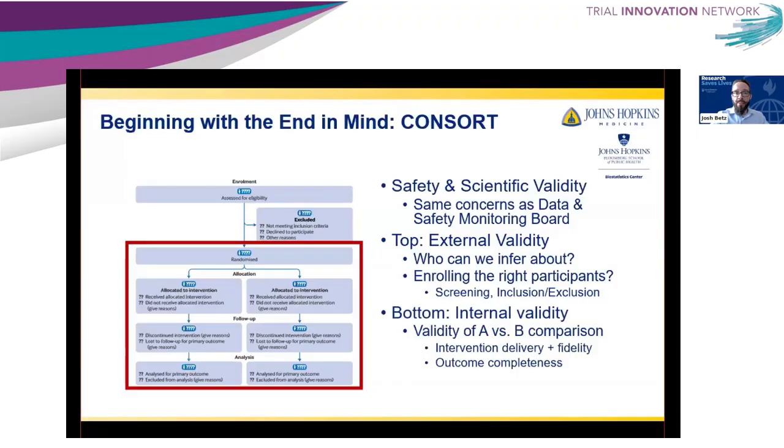And the bottom of that diagram reflects factors impacting internal validity, factors that impact the comparison between our two treatment groups. And these are things like the delivery of the intervention, the fidelity of intervention delivery, adherence, tolerance, and then also intercurrent events that affect outcome completeness that we've been mentioning, missed visits, missed assessments, and so forth.